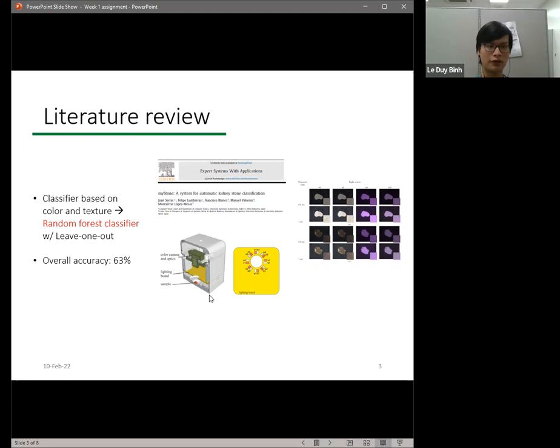The authors used a random forest classifier to predict the stone composition based on its colors and texture, and their model achieved a quite impressive overall accuracy of 63%.